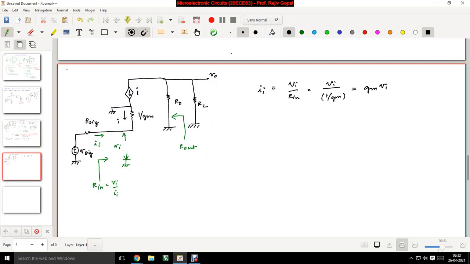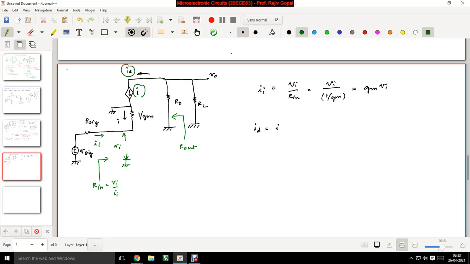Now if you look at this current, see drain current is this ID. So ID will be same as I.